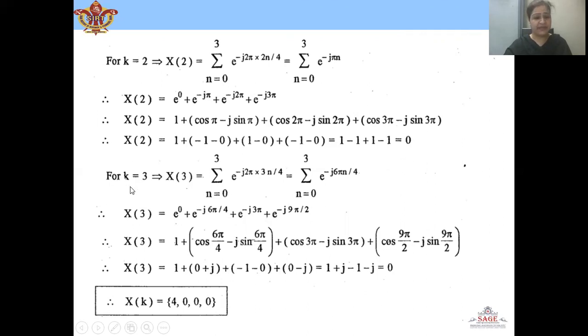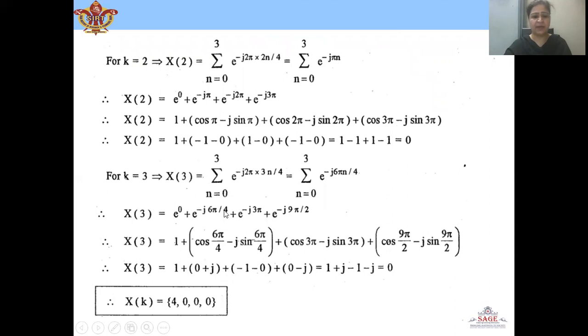Now, I'll take k as 3 and I'll get X[3]. Now, putting k as 3, I'll get this expression e to the power minus j 6 pi n upon 4. Now, n will be taken from 0 to 3. Putting the values of n 0, 1, 2 and 3, I'll get this expression. Now I'll solve it by using Euler's formula.